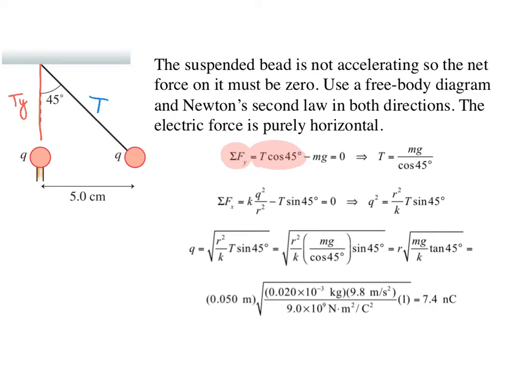And since it's not moving, it's suspended, that means the forces are in balance. It means the net acceleration of the system is zero. We did a whole bunch of that last semester. And so the only two forces in town are the electric force and the gravitational force. So we continue here.